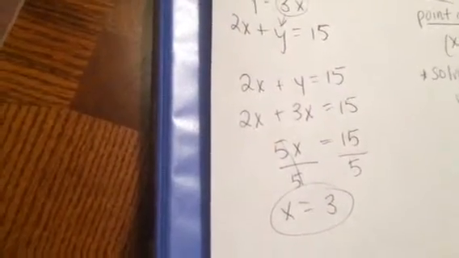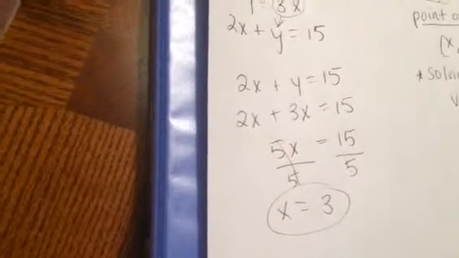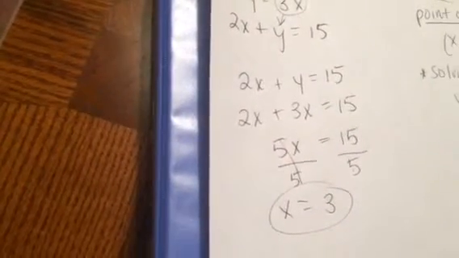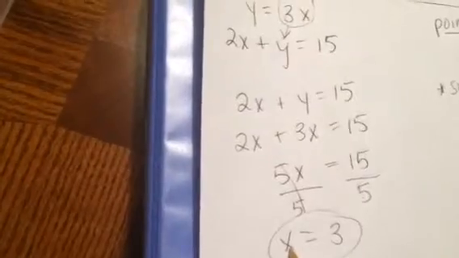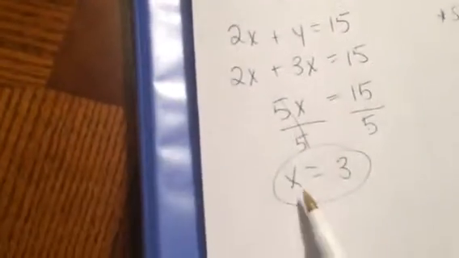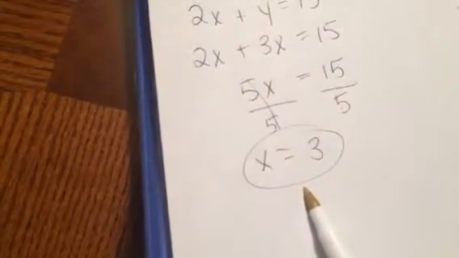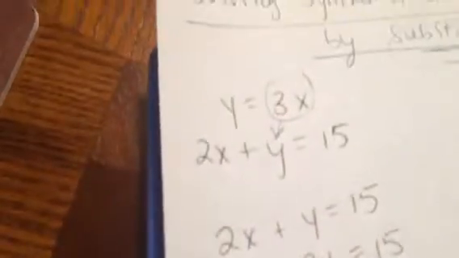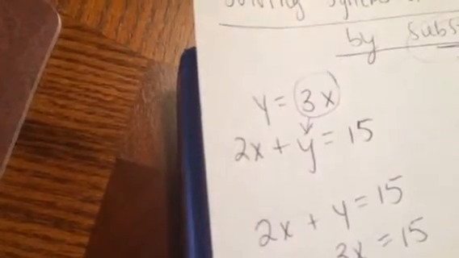Okay, but we haven't finished solving the system of equations because we don't have the value for y yet. We only have the value for x. And again, when you look up here, we have an x and a y. Now that we know that x equals 3, we can take this and plug it in to one of our equations up here.